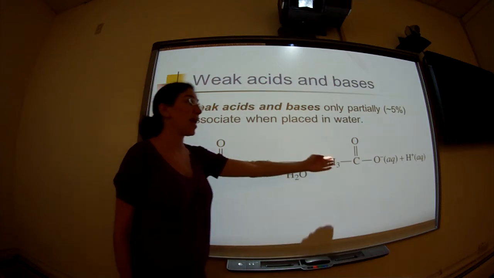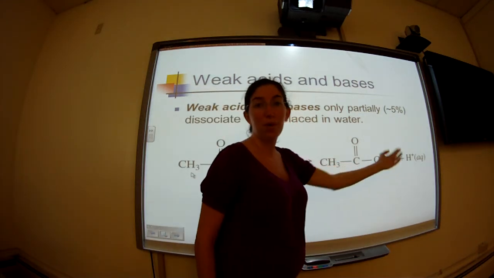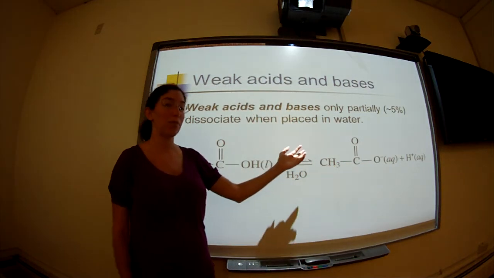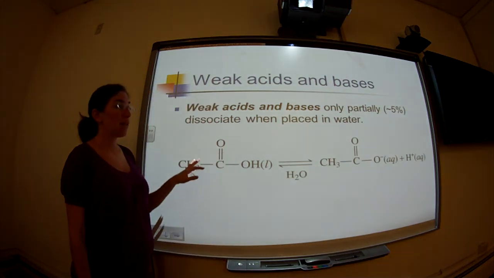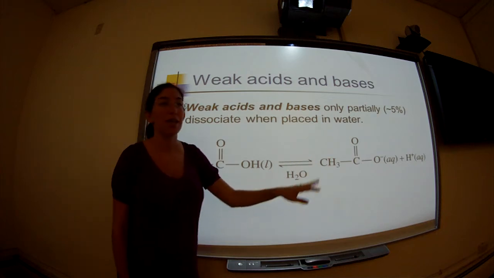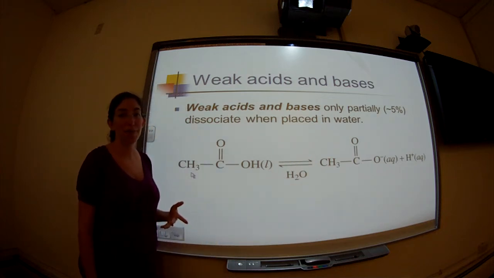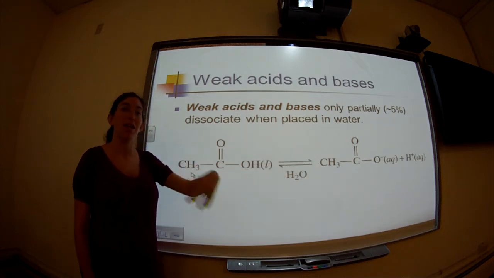It loses a proton, so it becomes acetate and a proton, or in water, technically, acetate and hydronium ion. But not all of the acetic acid is going to dissociate. Probably less than 5%. It's really only a small amount that will actually dissociate.